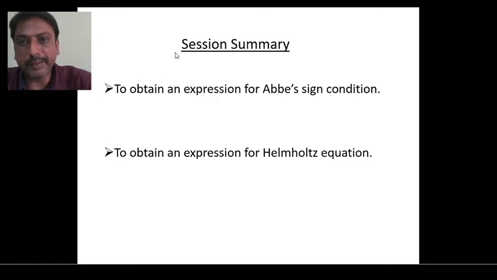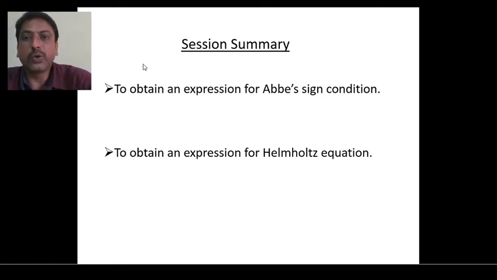Because of spherical aberration, what happens? We are unable to get the image of a point object as a point, because all the refracted rays are not going to have a common point of intersection. Okay, so that is the difficulty. In order to overcome this effect, we define aplanatic surfaces as well as aplanatic points.